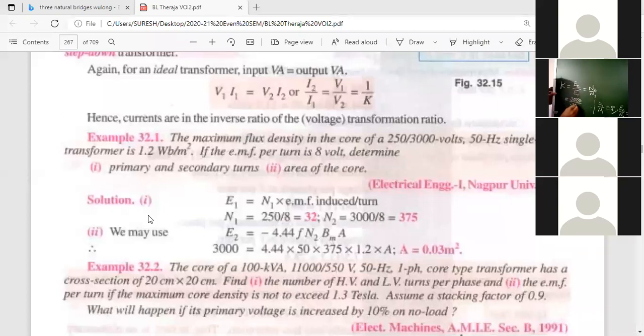Tell me the value of K now. 12. Are you getting 12? Okay, this is the value of K. And E1 by N1 is how much? 8. Okay, E1 by N1 is 8. Then what is E1?